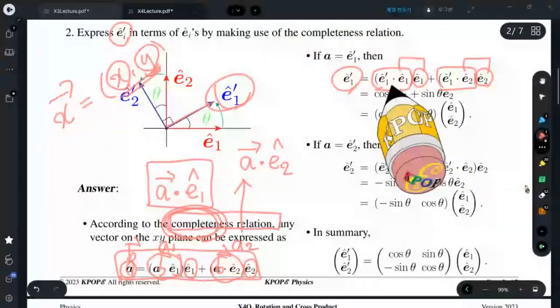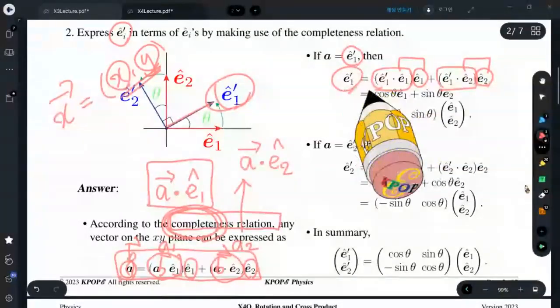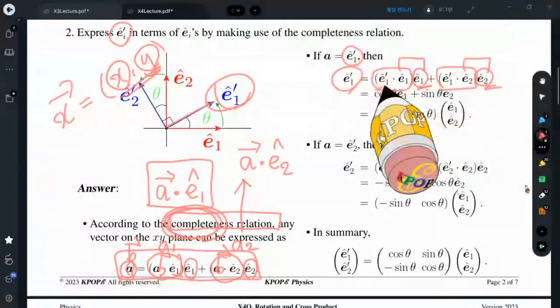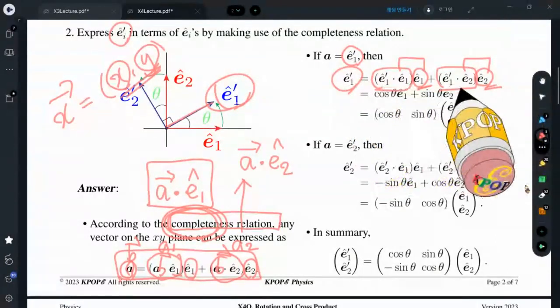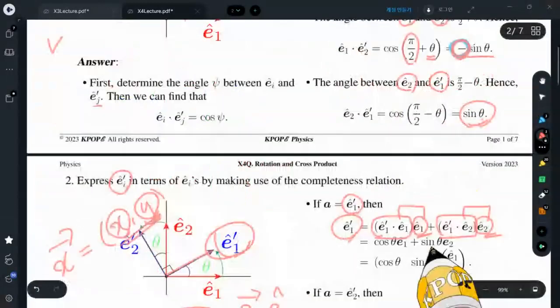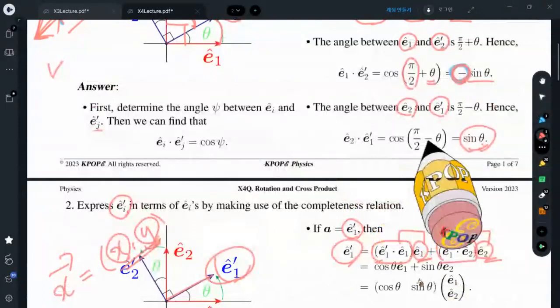I'd like to express E1 prime in terms of E1 and E2. Then the coefficients are E1 prime dot E1, E1 prime dot E2. And actually, we can copy our previous result. Where is it?